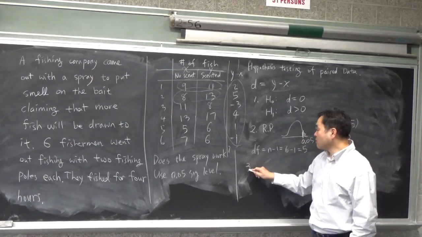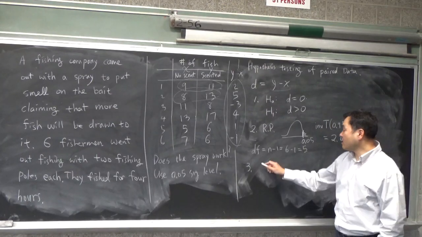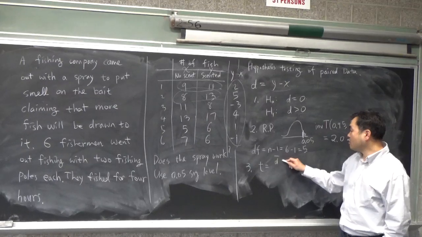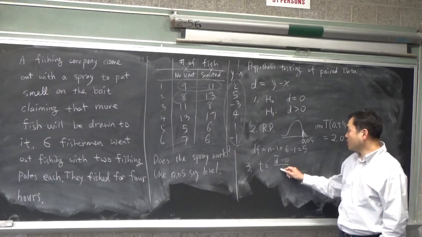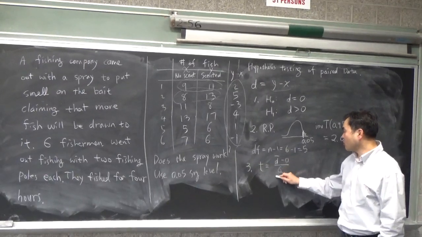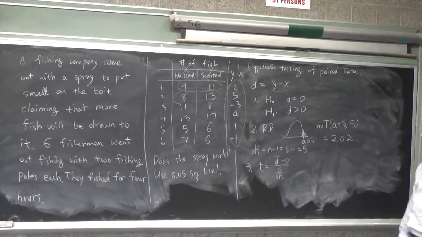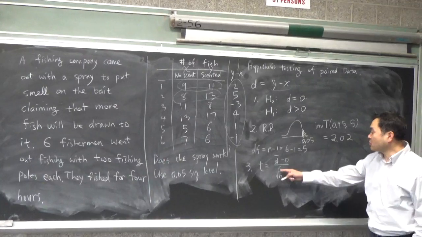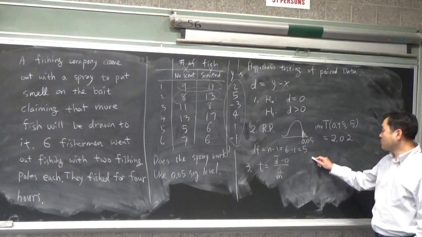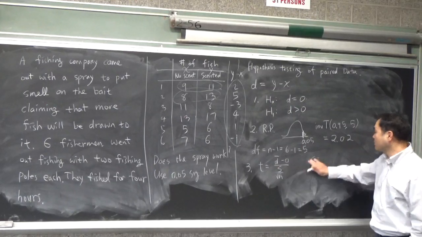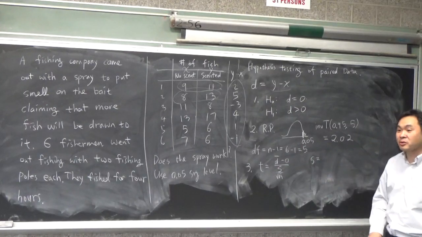Now let's calculate the test statistic. In our case, t is equal to d bar minus 0 over sigma over square root of n. But we first have to know the sigma. What's our approximation to sigma? We don't have the true sigma, we just have s, right? The pseudo-corrected one.